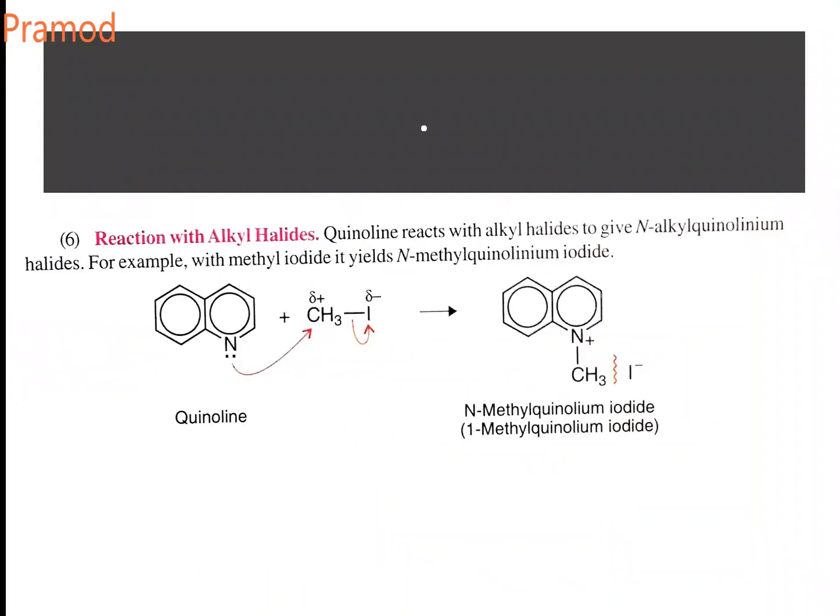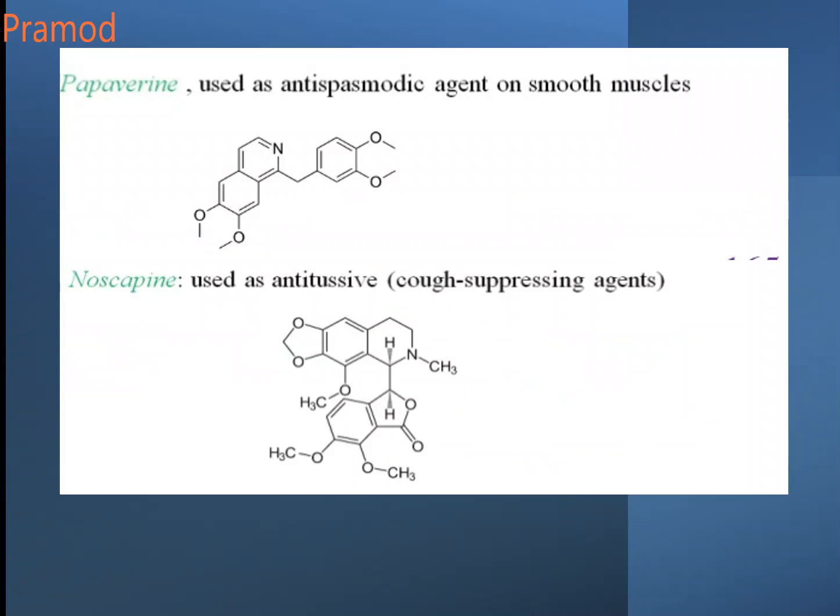Alkylation, that is an addition reaction. Some of the drugs containing the isoquinoline moiety: papaverine, an antispasmodic agent on smooth muscle. It has a dimethoxyisoquinoline attached through a methylene group to a 1,2-dimethoxybenzene ring.